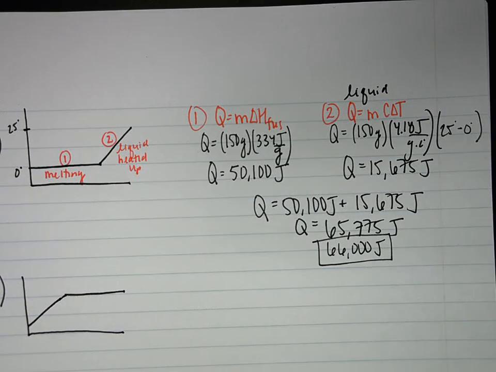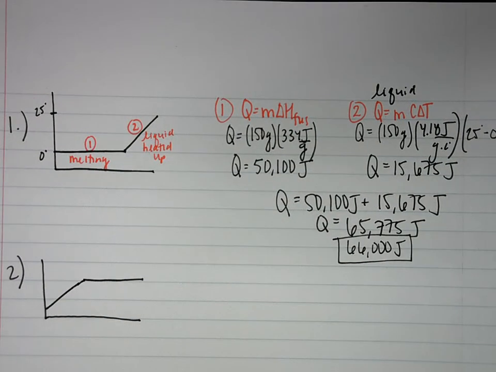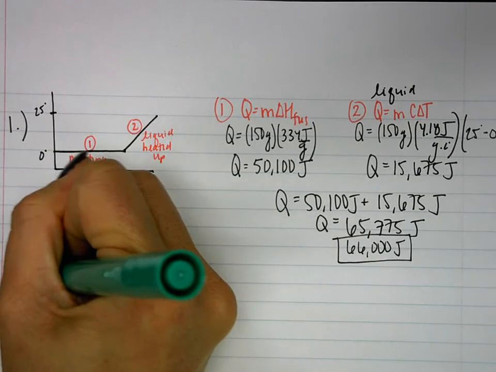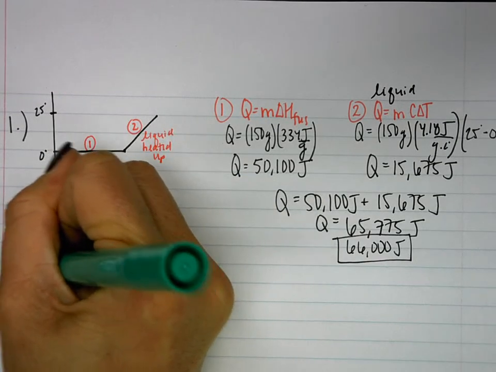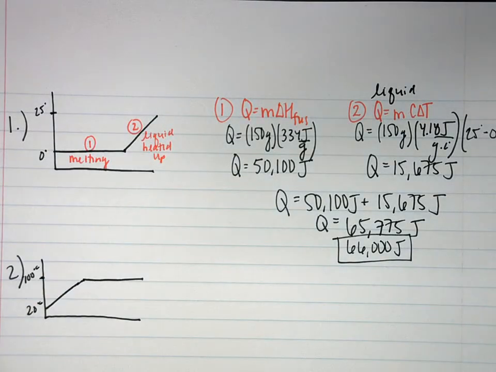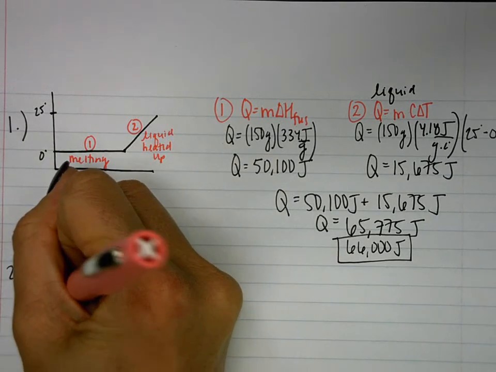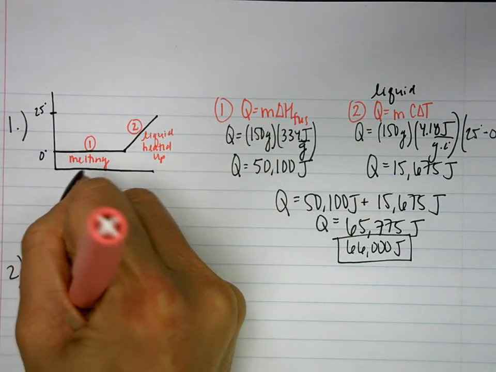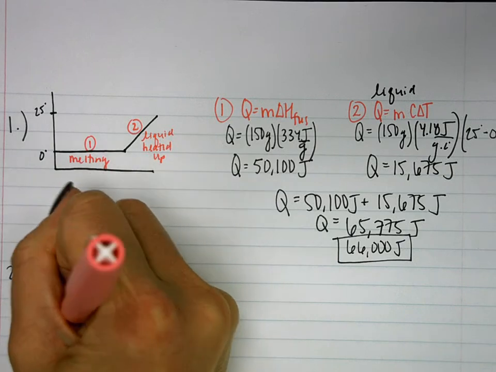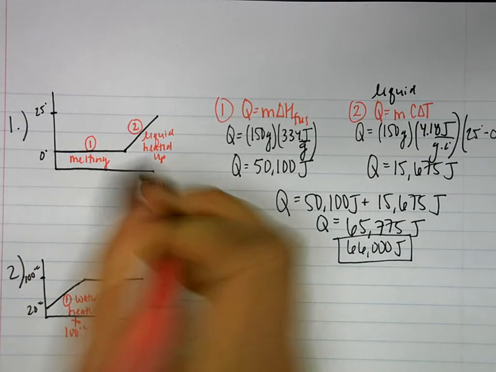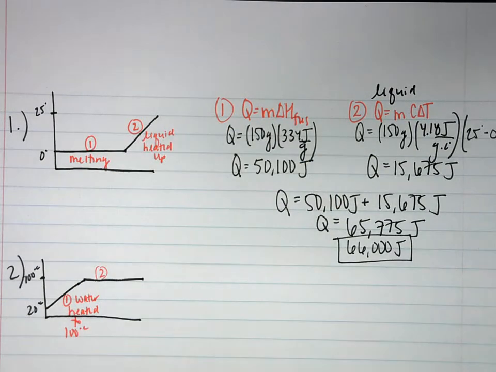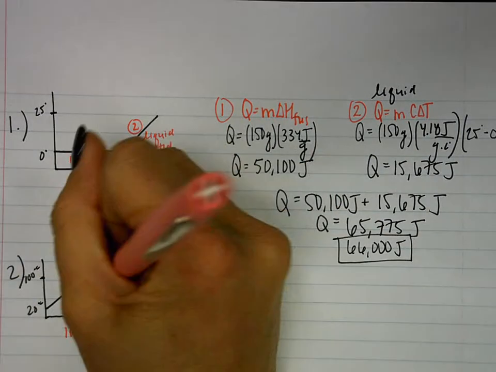So we have two things. We were at 20 degrees Celsius, and water boils at 100. For step one, our water was heated up. Then step two, some of the water boils away.